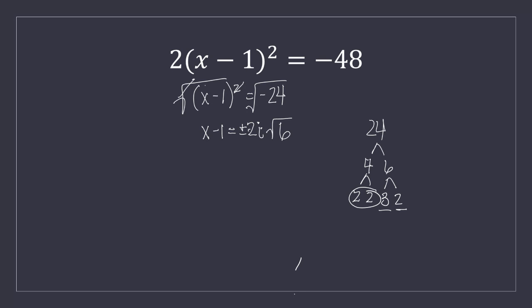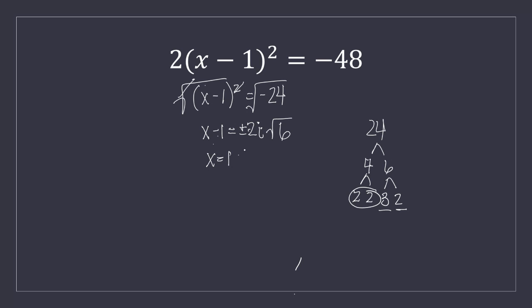Now I still have one more step because I haven't gotten the x by itself yet. So I need to do something with this 1. I need to add it to the other side. So what I'm going to do is I'm going to add it, and you can't see me, but I'm air quoting, add it to the other side because I'm not really combining anything. I'm just moving it, okay?